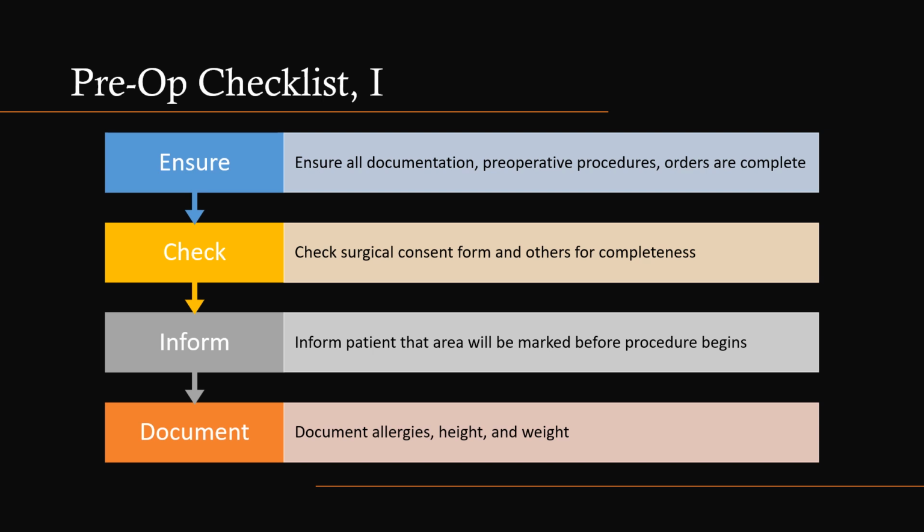So we talked about the area where surgery is going to happen. They're going to mark it. And then you want to document the allergies, the height, and the weight. Make sure that allergy band is on the patient. So that's big. Allergy band. If they have an allergy, make sure that band is on the patient. That could save the patient's life.